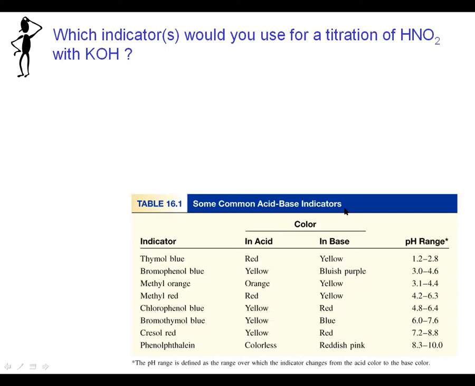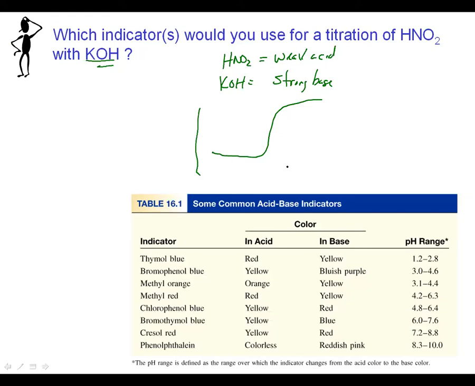All right, so looking at this one, we want to think about what these things are. We just saw HNO2 in that last problem. We do know that's a weak acid. KOH, we do know is a strong base. And again here, when we take a weak acid and a strong base, the titration curve looks roughly like that.